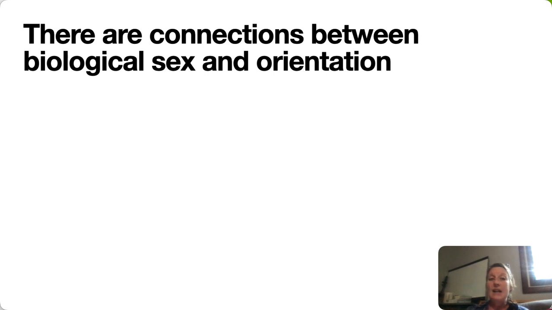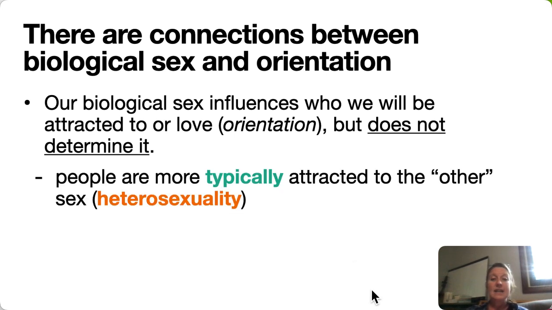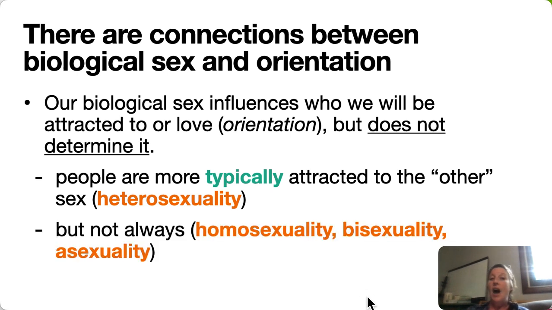There are also connections between biological sex and our orientation. Our biological sex influences who we will be attracted to or love, but it does not determine it. What that means is that people are more typically attracted to the other sex, which we call heterosexuality, but not always.